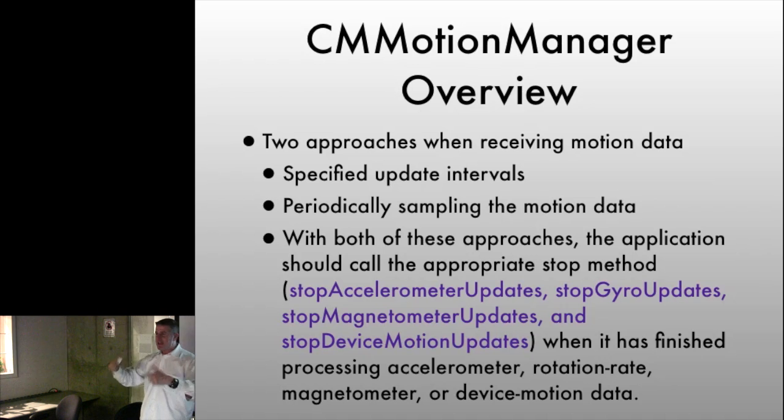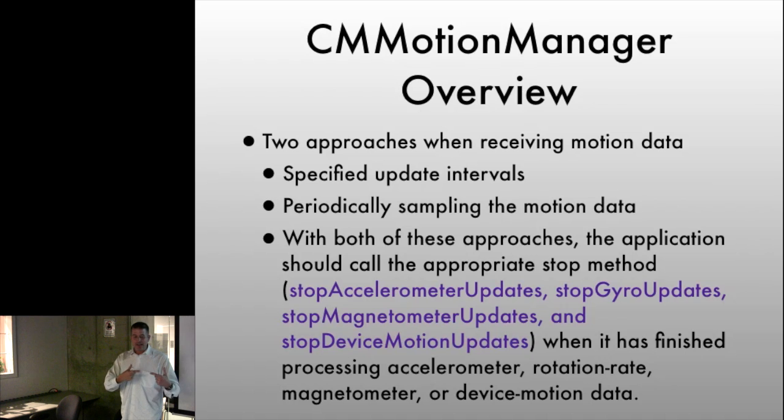It's interrupt driven, so it tells you what the motion events are and what the current state of the motion data is. You can also sample the motion data yourself. This is most commonly used in games and other utility applications.